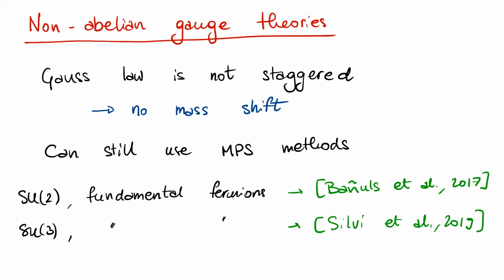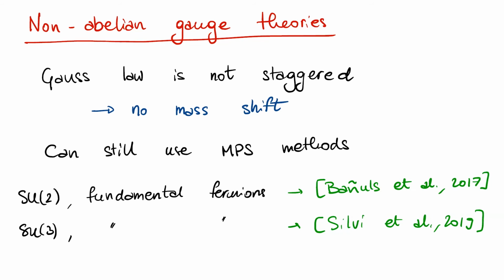When you do non-abelian gauge theories in 1+1D, this is not the case. So there's not an obvious way to do this in gauge theories, or if you want, there's no need to do this in gauge theories. You can still study this with matrix product states or with tensor network methods.